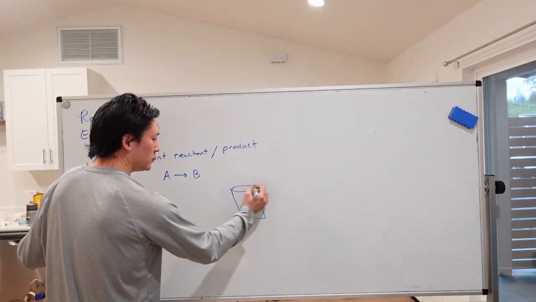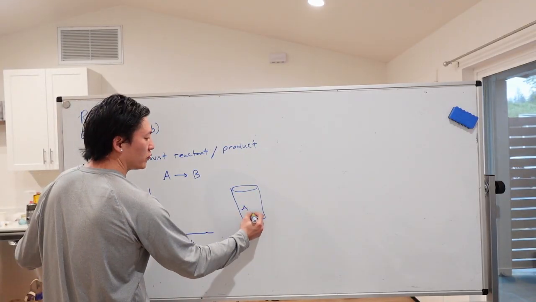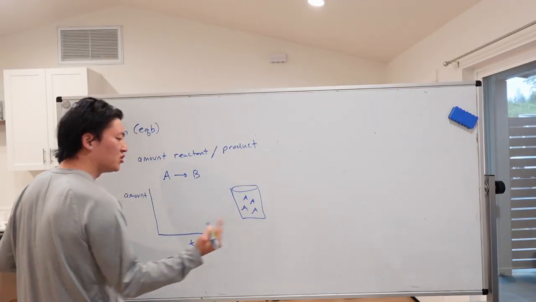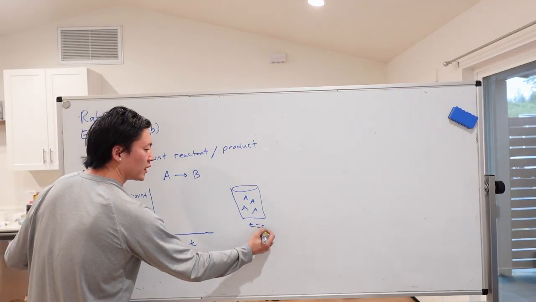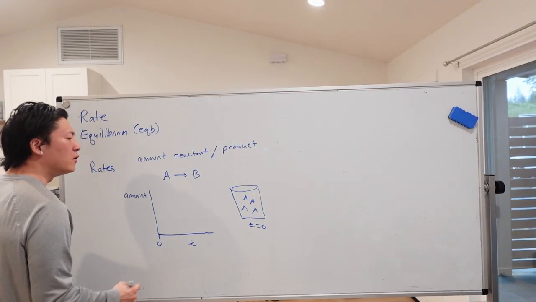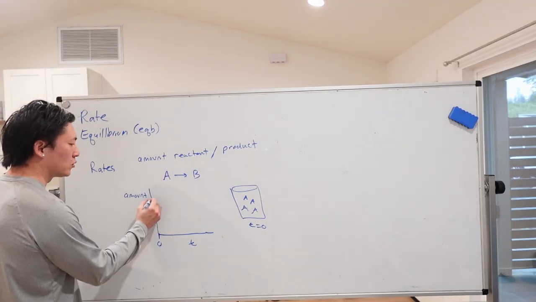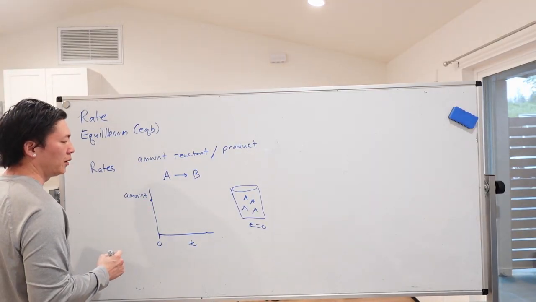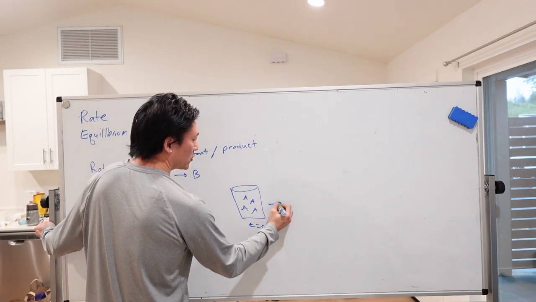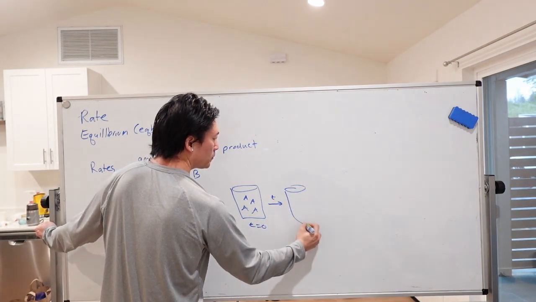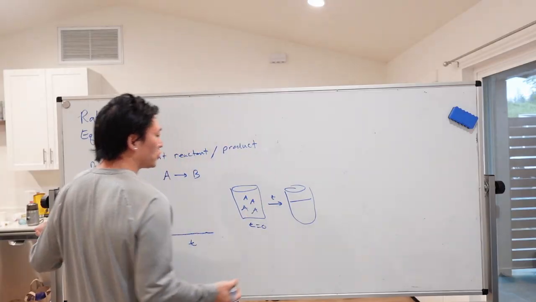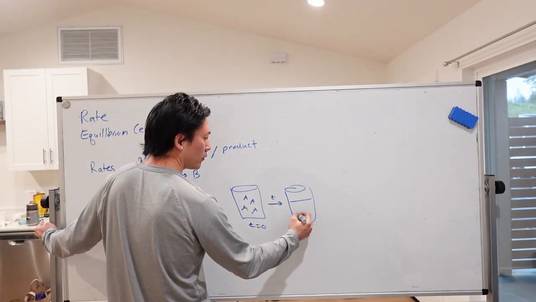So maybe this is my container and I have a bunch of reactants A initially at time t equals 0 seconds. 0 would be here. We have some amount of A, so I'll just put it up here. And as time goes on, the reaction starts. You start to form B, okay?